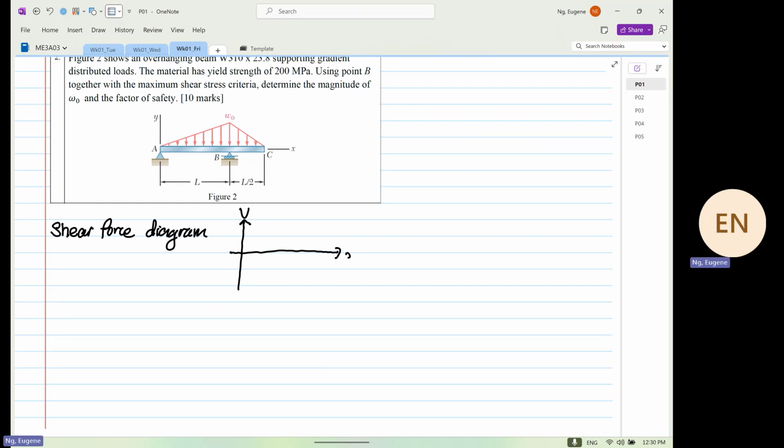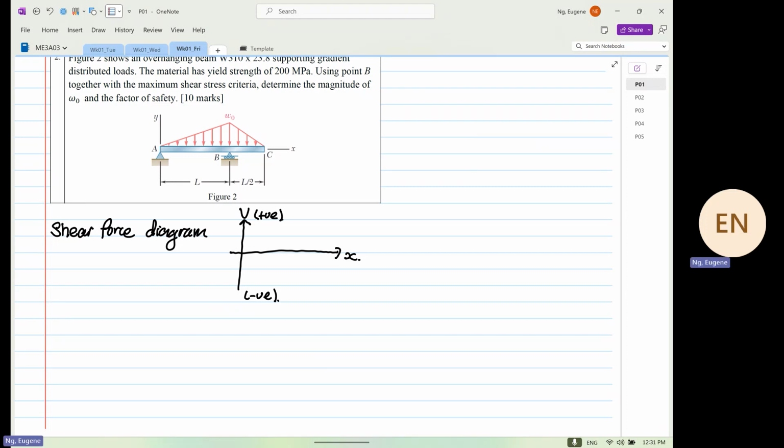Our shear force, and this is x, we have positive shear and we have negative shear. Can anyone tell me what it means by positive shear and negative shear, please? Can you remember? No answer? Anyone? Almost there. You're about right.